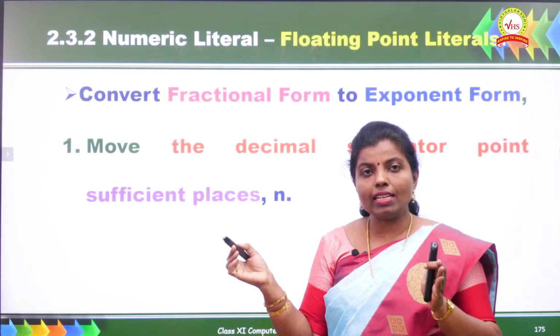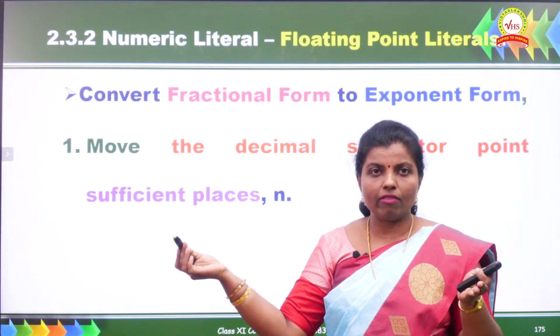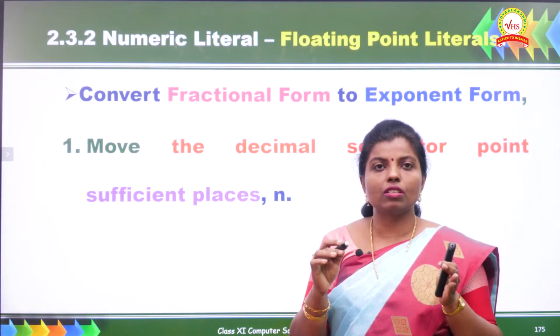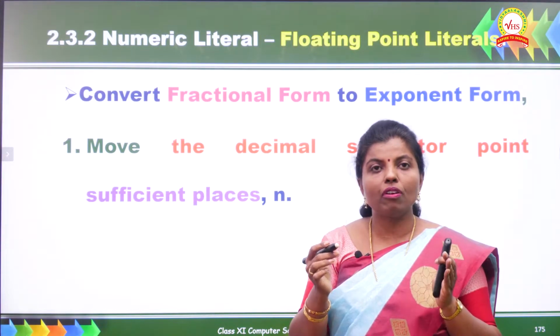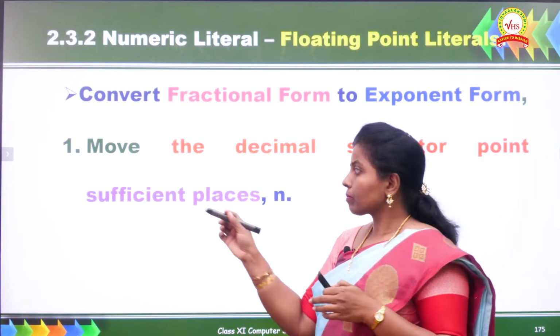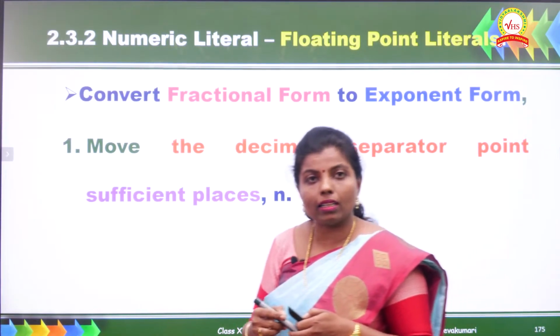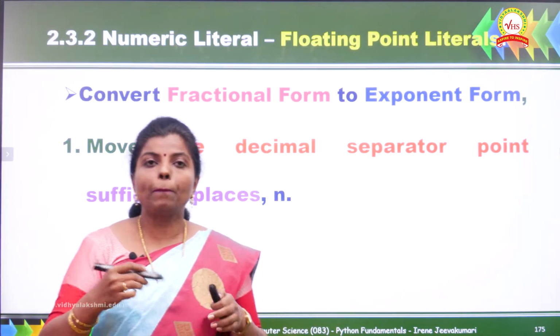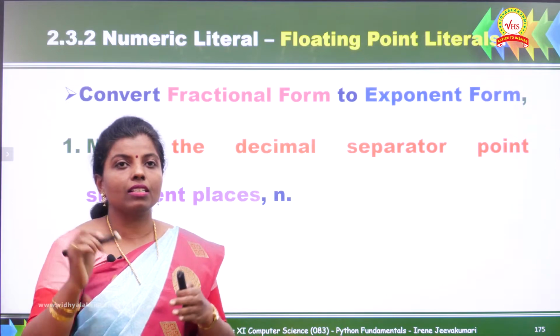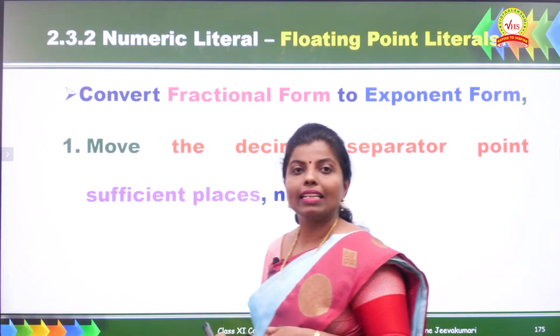If we move the decimal point after the first digit, surely the first digit is going to be between 1 and 9. That is why we move the decimal separator point sufficient places. How many digits we move is represented as the number n.